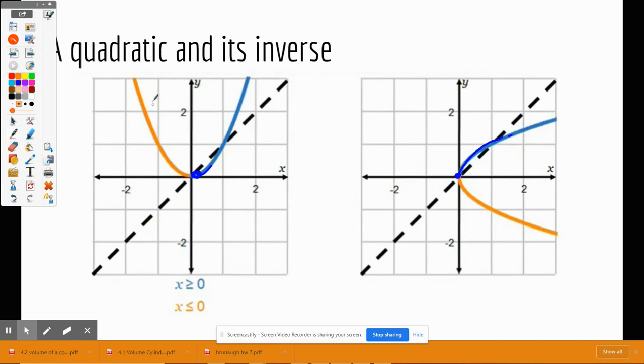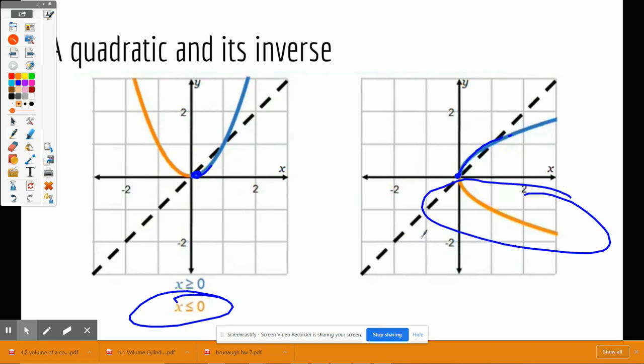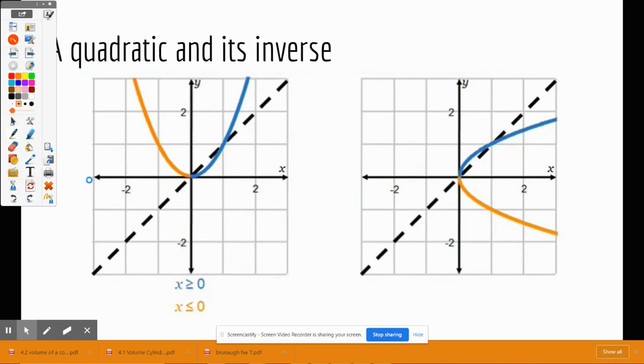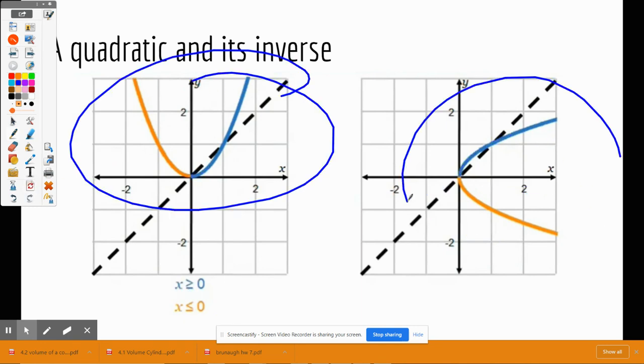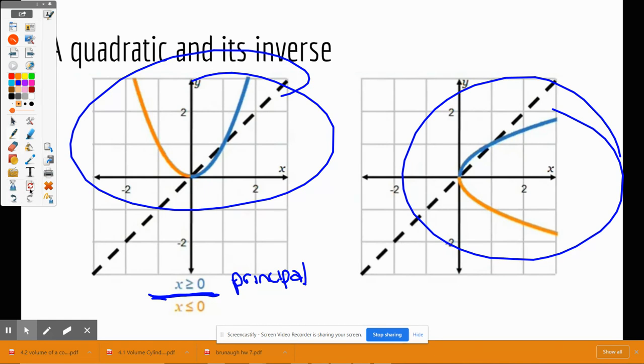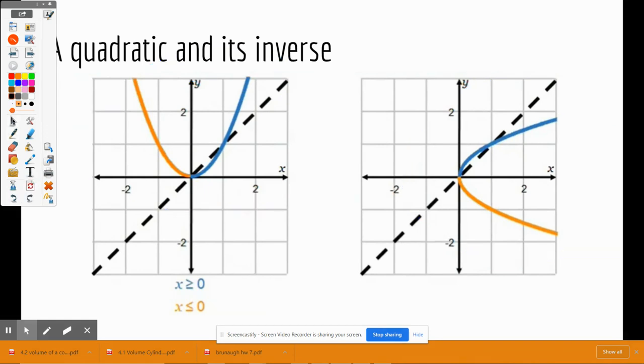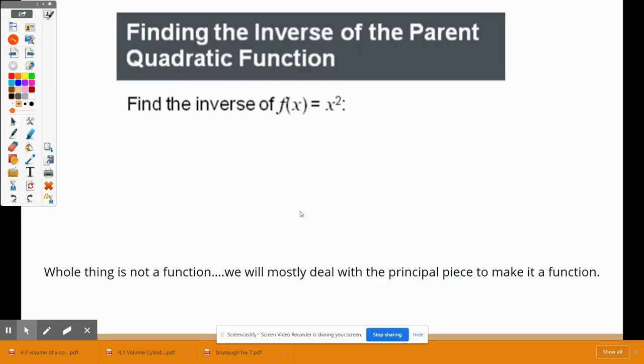You also could look at just the orange pieces, really, but nobody ever really does that. We don't like to just look at the oranges because it's more negative. But you could. It's not wrong. But when you look at the whole thing, its inverse is not a function. So you could look at the positive half, which we call the principal part, or you could look at the negative half, which we usually don't do, but you could, so that its inverse will be a function.